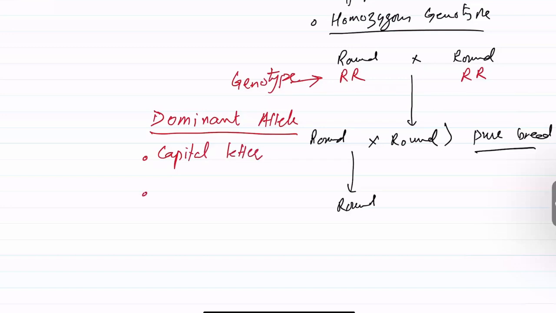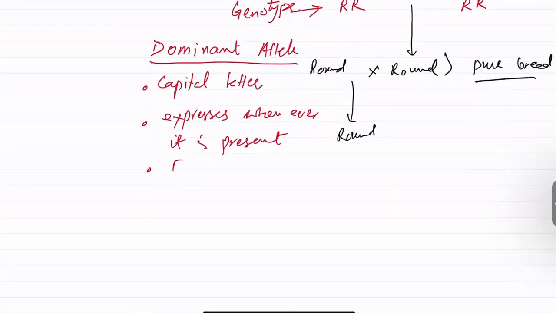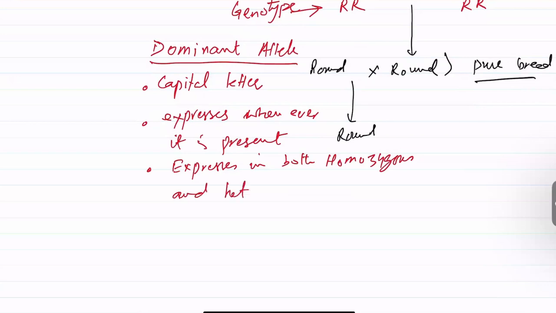And dominant allele expresses whenever it is present. Or you can say it expresses in both homozygous and heterozygous condition.